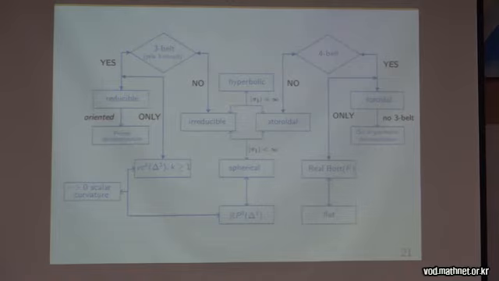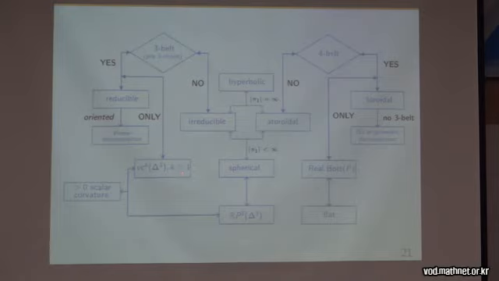If there is no 3-belt, then the small cover is irreducible, and if it has a 3-belt, then it is reducible. If it's oriented, then it has a prime decomposition. And if the polytope only has 3-belts, then it is in this case.